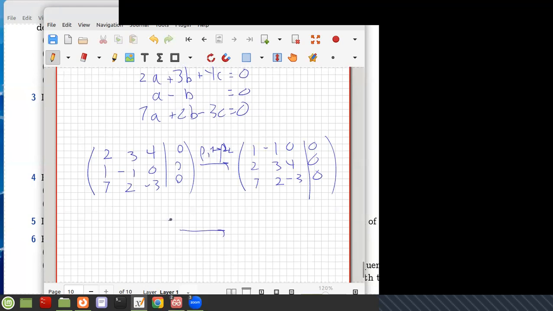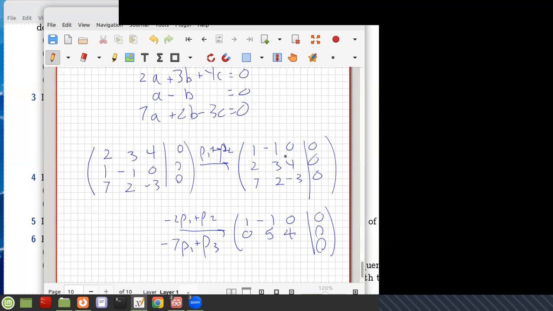Then we can do minus 2 row 1 plus row 2 and minus 7 row 1 plus row 3 to give us 1 minus 1 0, and we do minus 2 plus that is 0, and minus 1 times minus 2 is 2 plus 3 is 5.